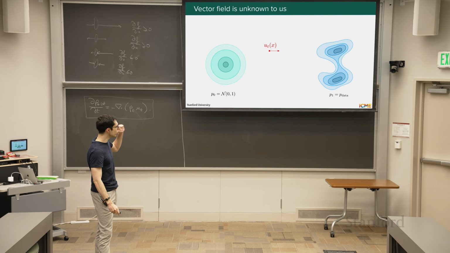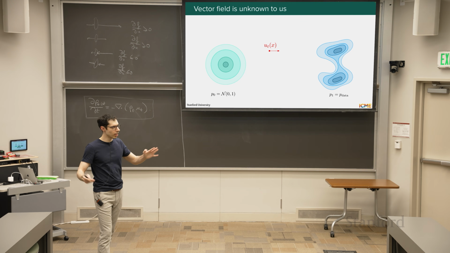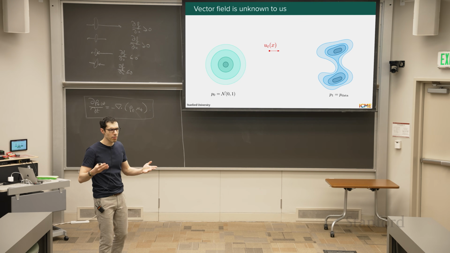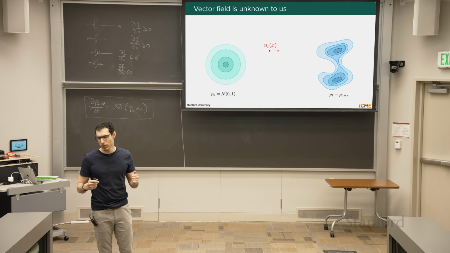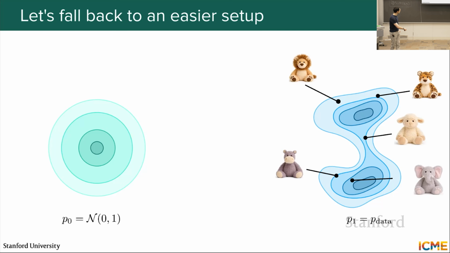Well, p0 is easy, so it's a Gaussian typically, but then p1 can be super complicated. So one idea we can have is, what if we just remember that the target data distribution is just composed of points from your training data, so it's like individual points.